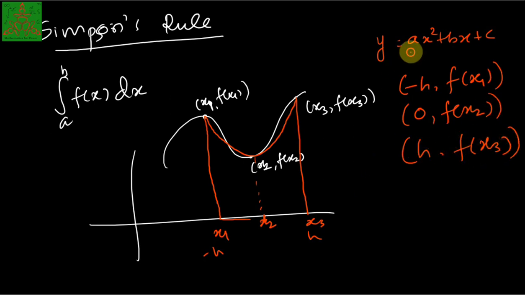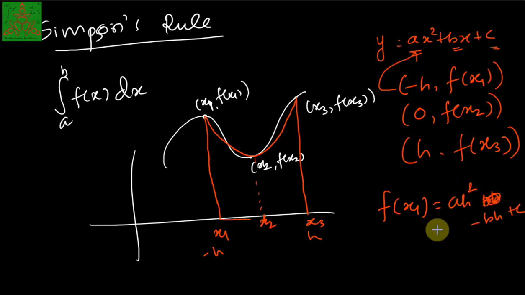I need to calculate the value of a, b and c. So we have f of x1 equal to ax square minus bh plus c. The second equation, f of x2, is equal to c, and f of x3 is ax square plus bh plus c.